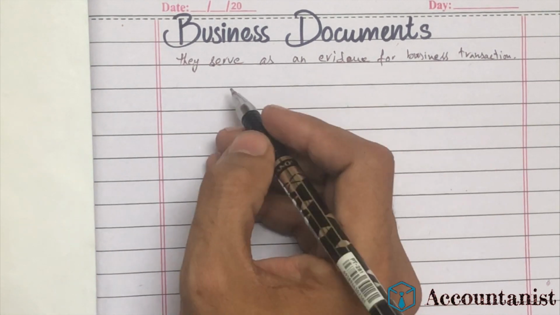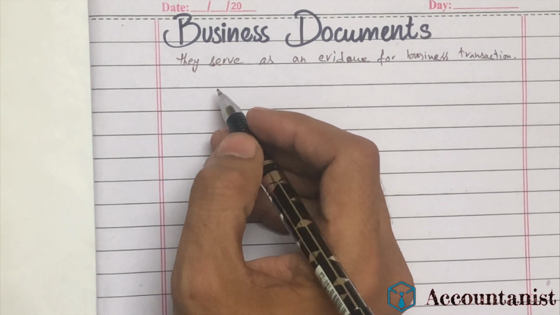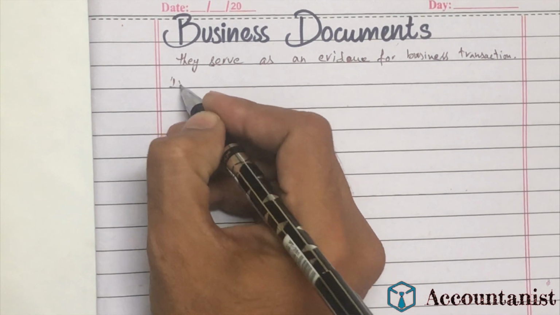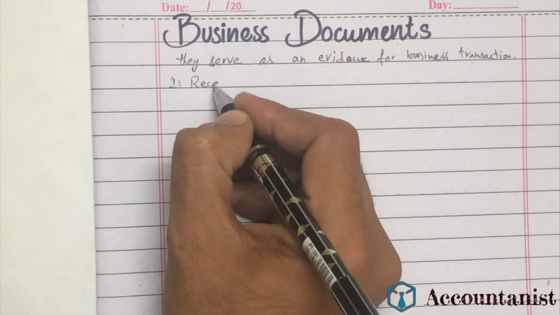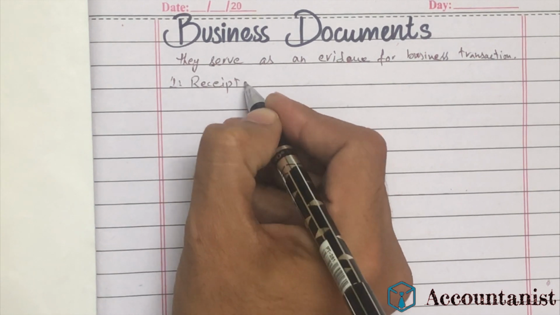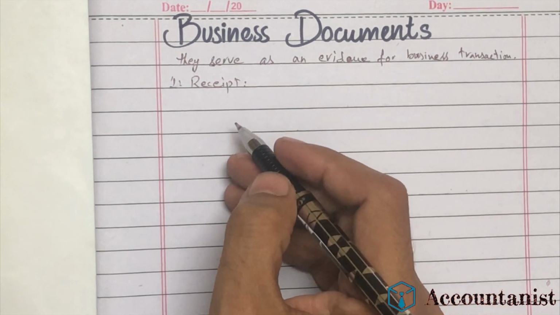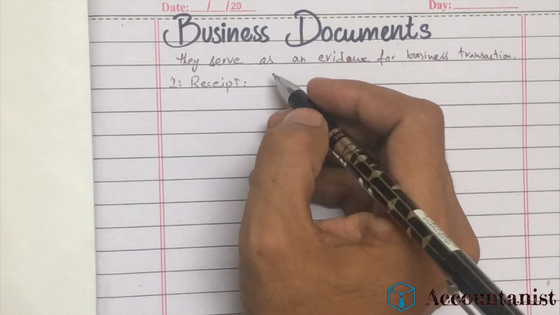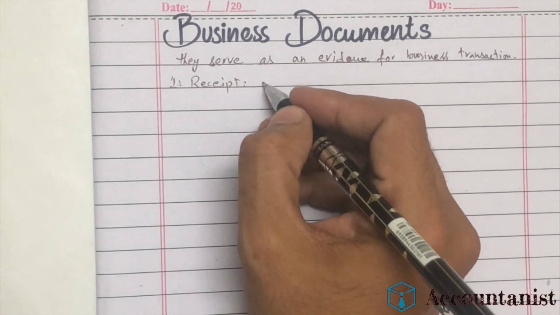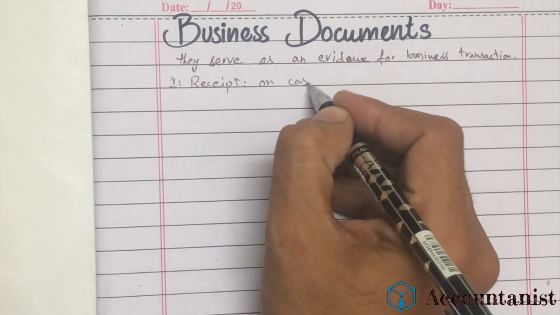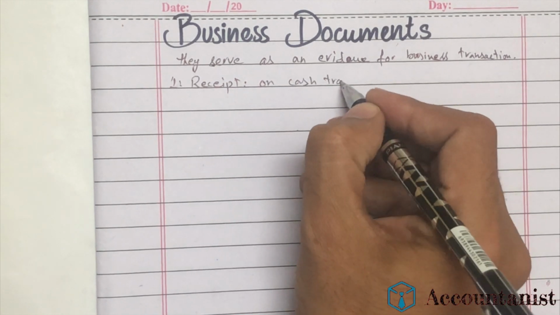These are very important documents in our syllabus. The main documents that we have in O-levels and IGCSE, number one, is the receipt. A receipt is the document that we have on cash transactions.